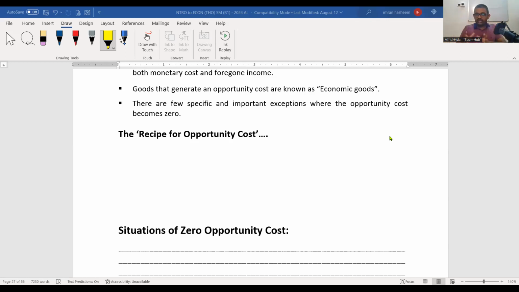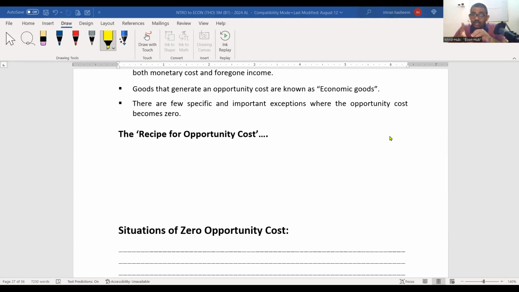So the combination, the flow is very simple. Every society faces scarce resources, resources which are limited in comparison to unlimited human wants. We can simply call it relative scarcity. So we have relative scarcity. We don't have enough resources to produce all the goods and services we want to fulfill our wants, because our wants are unlimited.